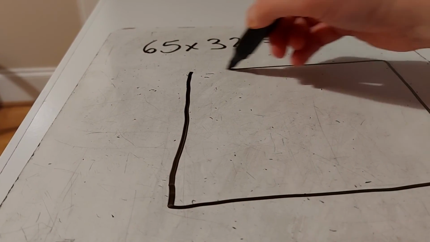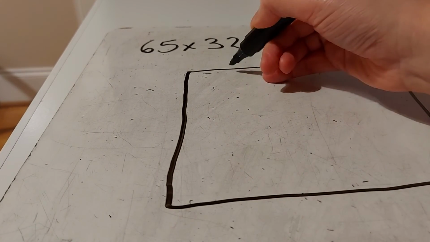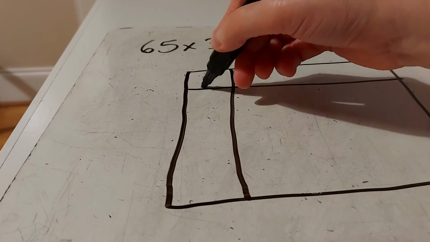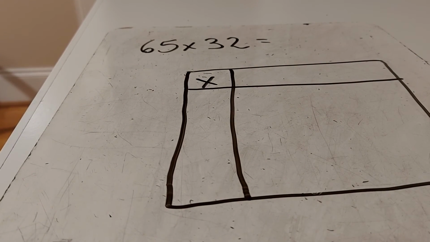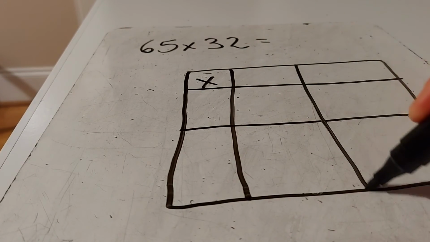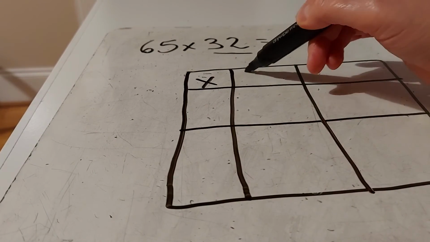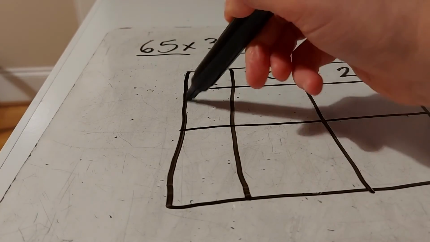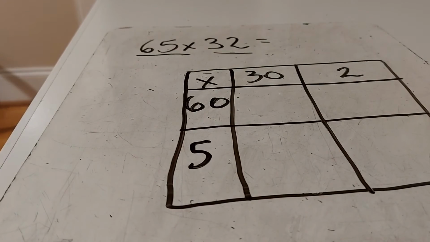We're still using our partitioning skills. We are still multiplying. So we put our times there, okay? And what we must do now is this. So we've got 32 here, 65 here. And you've got to be really careful.